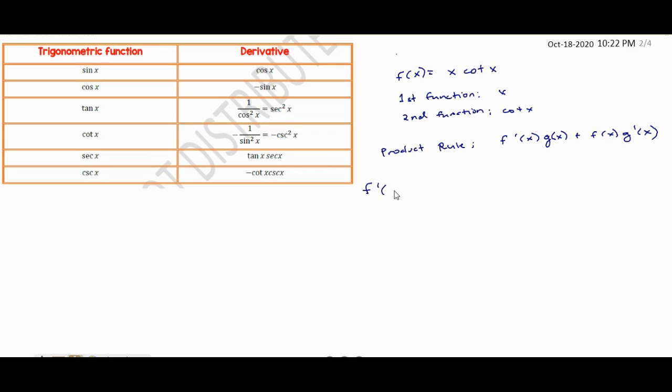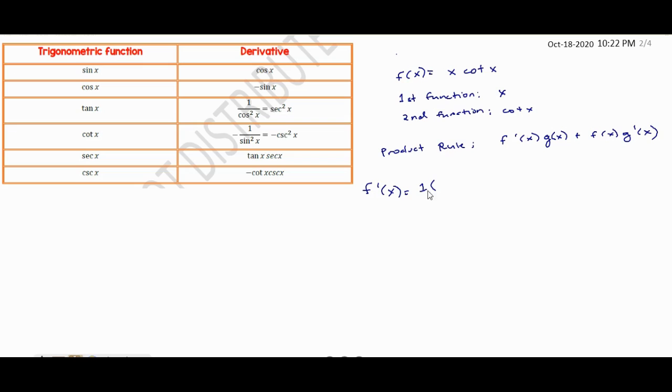We have f prime of x is equal to the derivative of the first function. The first function, we have x, and we know that the derivative of an identity function x is always 1 times g of x.